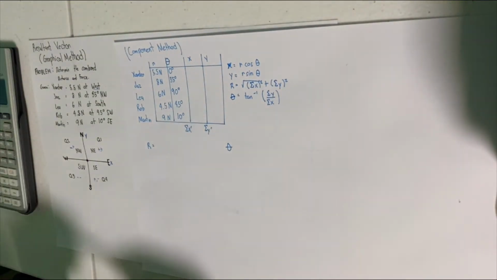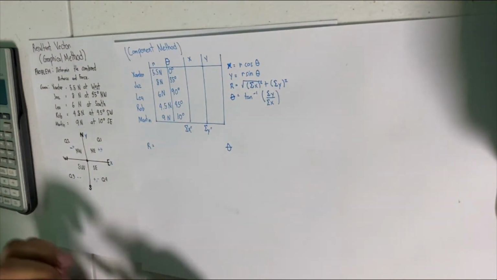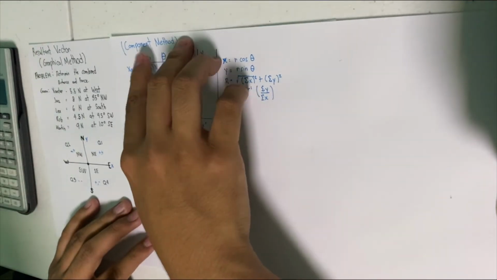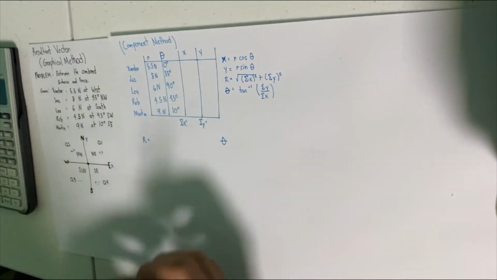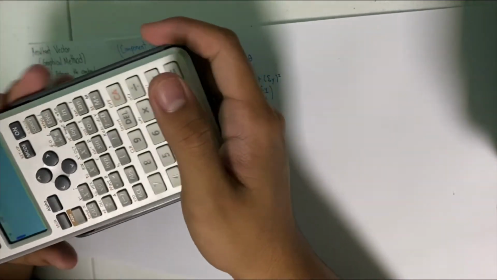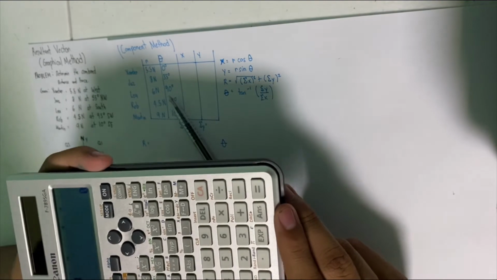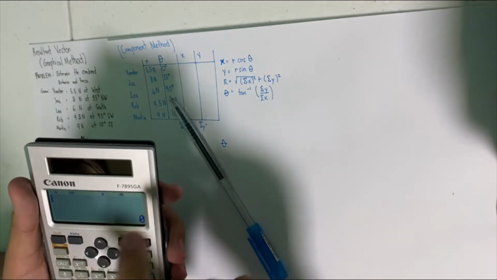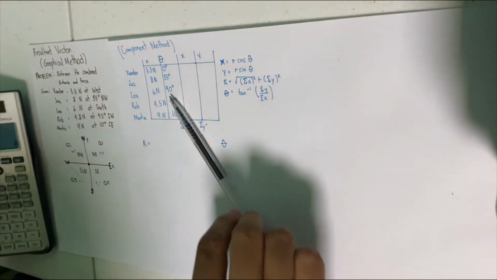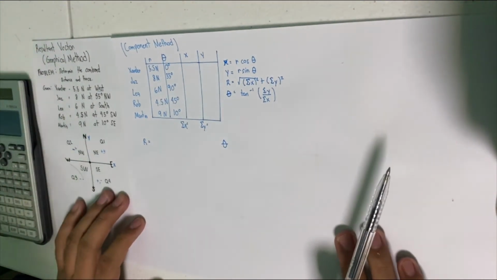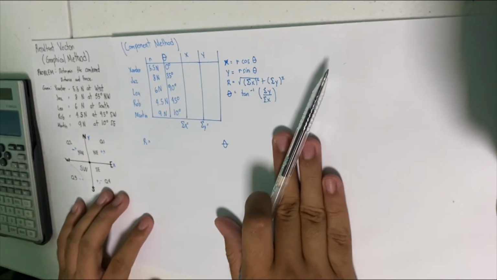After we solve the graphical method, we are now proceeding to the accurate part of finding the resultant vector, the component method. Before that, the materials here are a pen and a calculator. For the calculator, you need to change the mode into degrees, because degrees give the most accurate answer when solving this method.